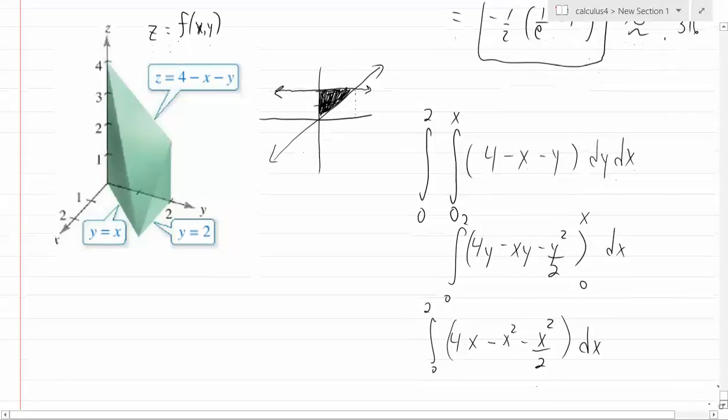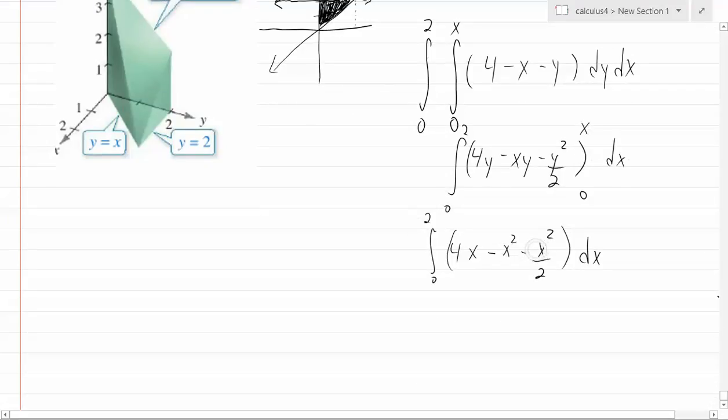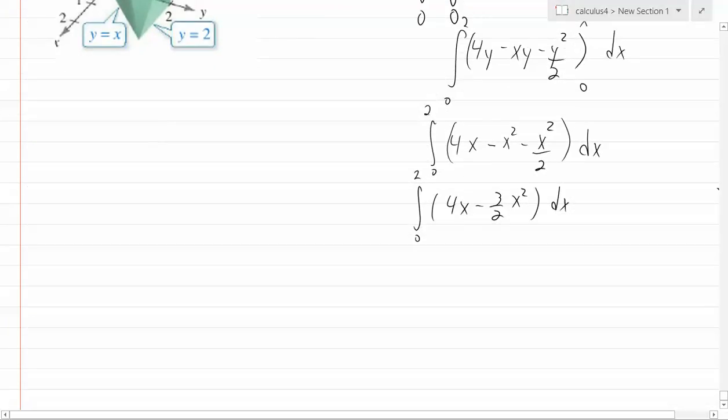Now, you could put those two terms together. They're like terms, right? You don't have to, but that would be negative 3/2 x squared. Now, let's integrate that with respect to x.